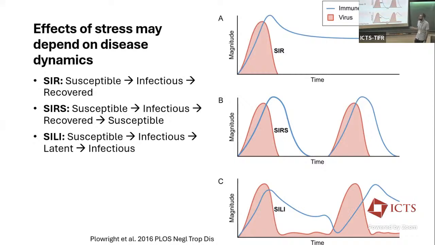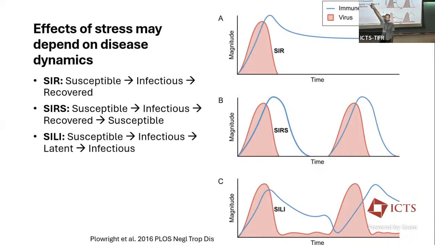But for some diseases, your immune response may only be protective for a certain amount of time. SARS-CoV-2 is a great example of that. Your immune response wanes over time. So you might start out as susceptible. In 2019, we all started out as susceptible to SARS-CoV-2.